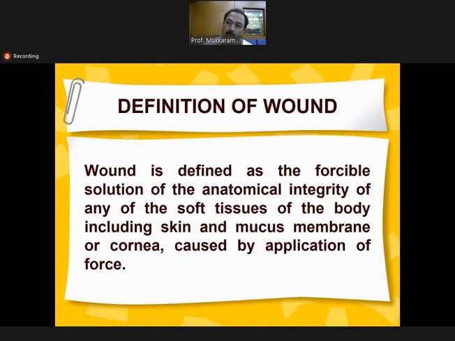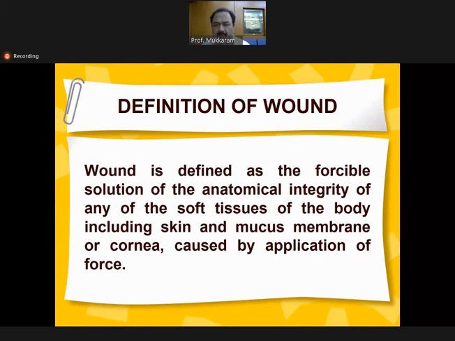We have the open type of injury, which is called an open wound, as the name suggests. In an open wound, there is a discontinuity in the superficial epithelium. Maybe you take an iron rod and hit with force, and the skin will be broken. When the skin is broken, you produce a lacerated wound.